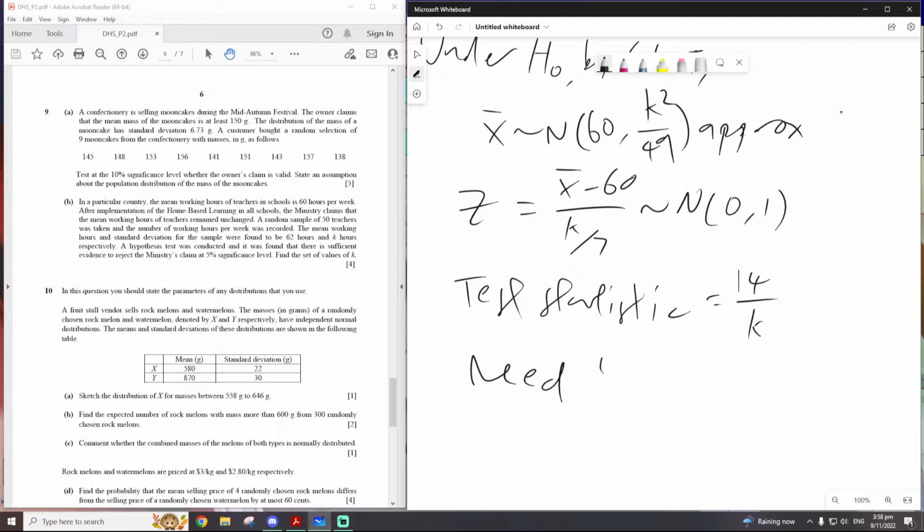So we need 14 over K to be greater than 1.96. You will get K less than 7.14.